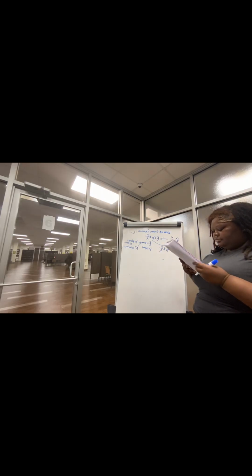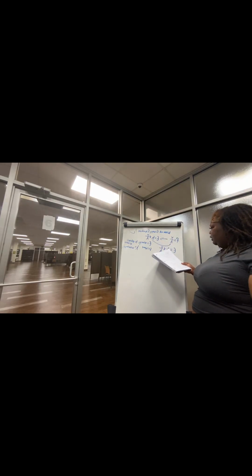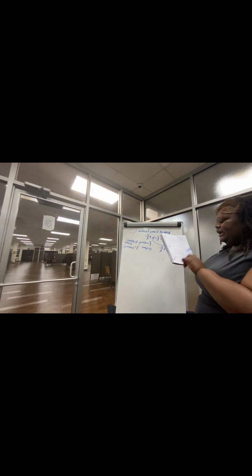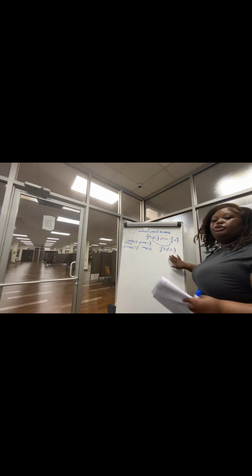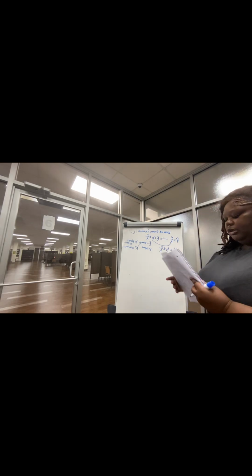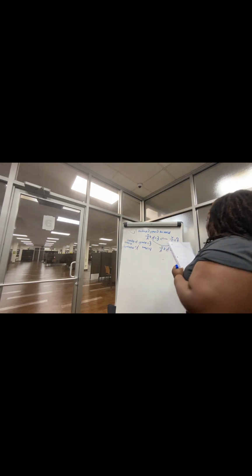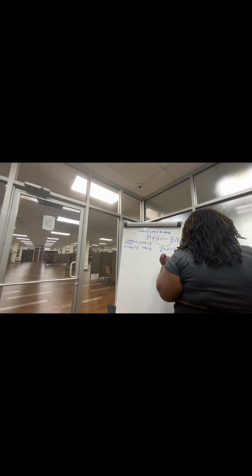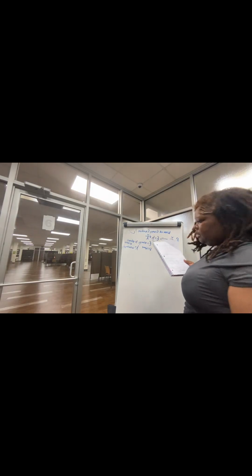Okay, so if we have a wavelength of 6 times 10 to the negative power, we have to find the energy using this formula. So we're going to write it out. E equals, wait, I did this wrong. Hold on. I messed up.